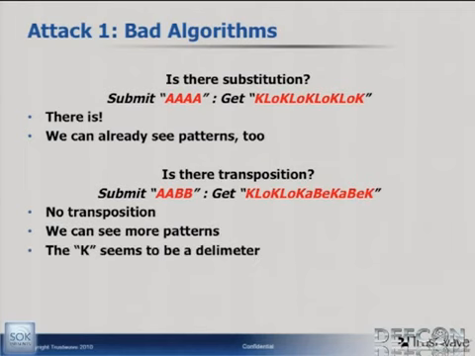The K also seems to be a delimiter. You can have different lengths with these characters, so the K is just standing in to separate characters, so that even with variable lengths for the ciphertext version of different characters, it still works.